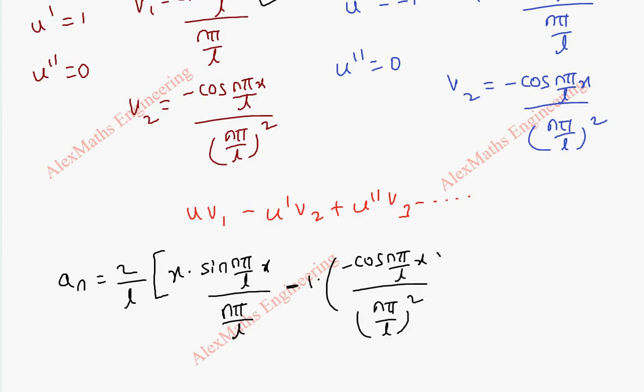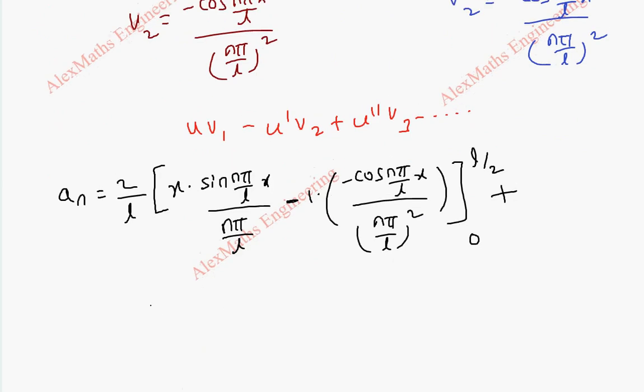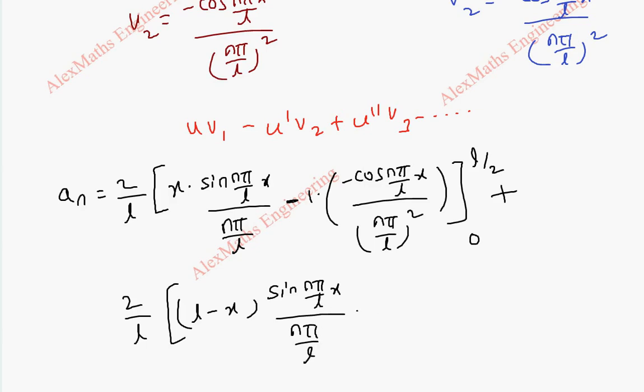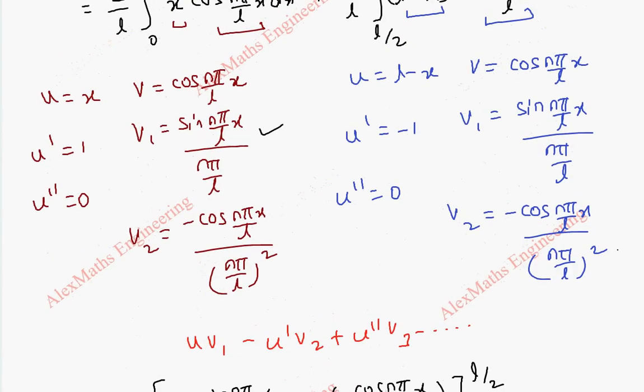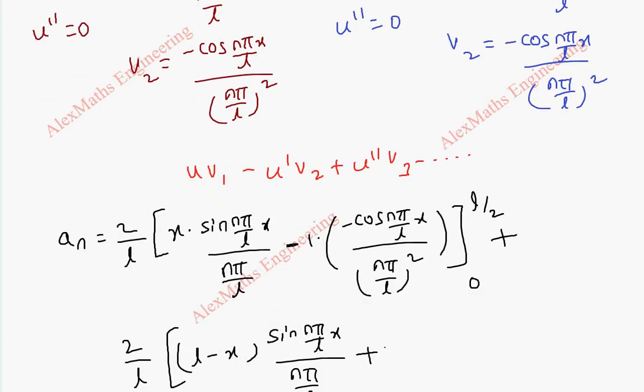We have 0 to L by 2, plus, again the second part 2 by L, this is L minus x into sin n pi by L x by n pi by L, minus, and u dash is already minus 1, so we can make it as plus 1.